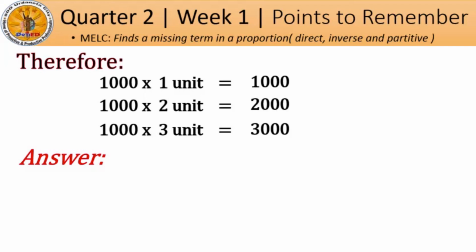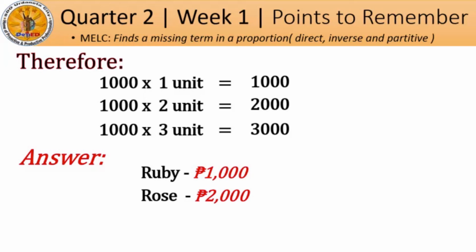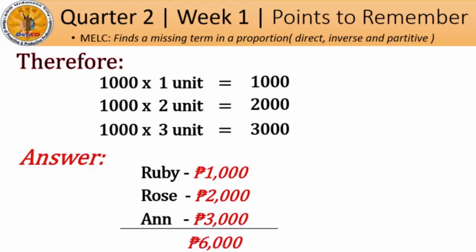Since in our problem, the first name mentioned is Ruby, she will get 1 unit, which is equal to 1,000. Rose will get 2 units, which is equal to 2,000. And lastly, Anne will get 3 units, which is equal to 3,000. A total of 6,000 profit.